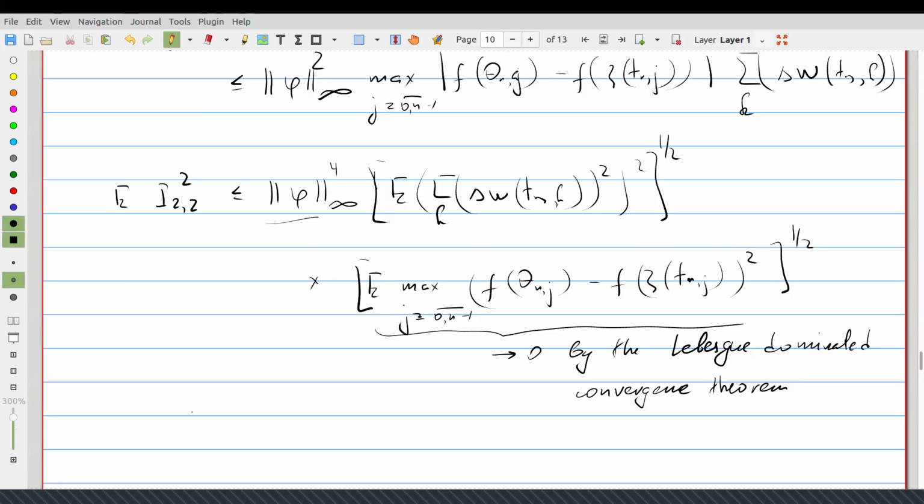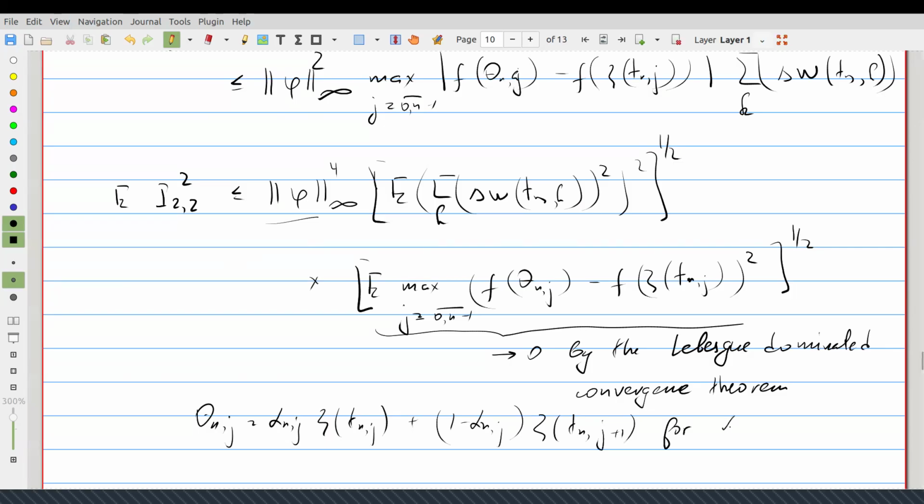Let us recall that theta n j is alpha n j psi t n j plus 1 minus alpha n j psi t n j plus 1 for some alpha n j, and I might have forgotten to specify that alpha n j belongs to this interval. So this goes to 0.